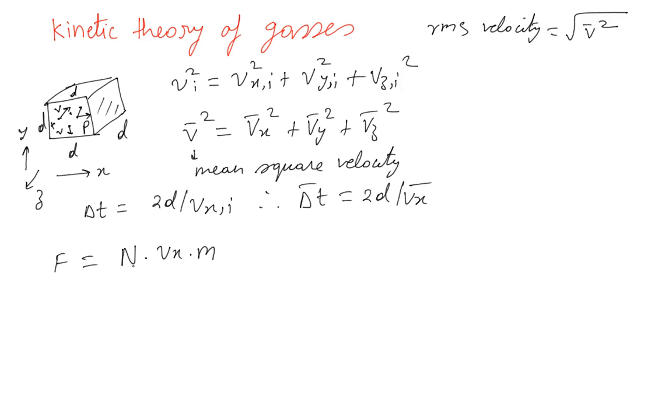Actually, it's 2 times, because the change in momentum, delta p, is 2 vx m. m is the mass of the atoms, vx is the velocity, and we'll just simply aggregate everything.